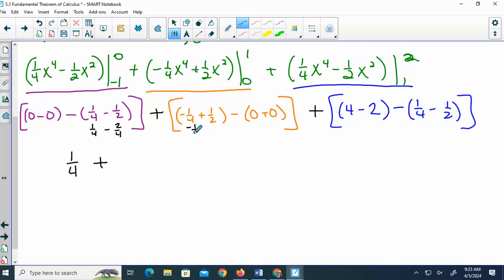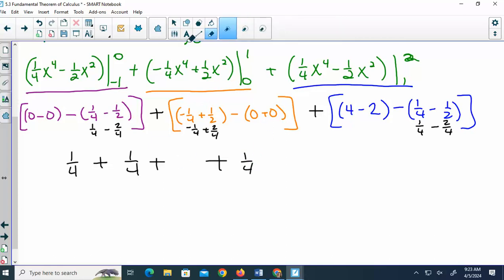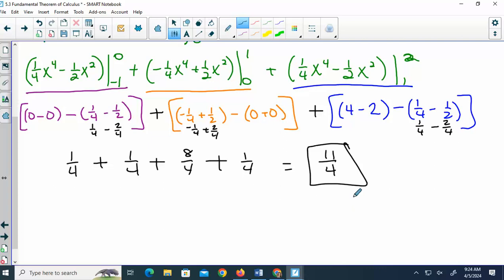Okay, this is negative 1 over 4 plus 2 over 4, which is 1 over 4. 4 minus 2 is 2, minus 1 over 4 minus 2 over 4. That's a negative 1/4, so minus a negative is positive. Okay, 2. That would be the same as 8 over 4. So 1 plus 1 plus 8 plus 1 is 11 over 4.